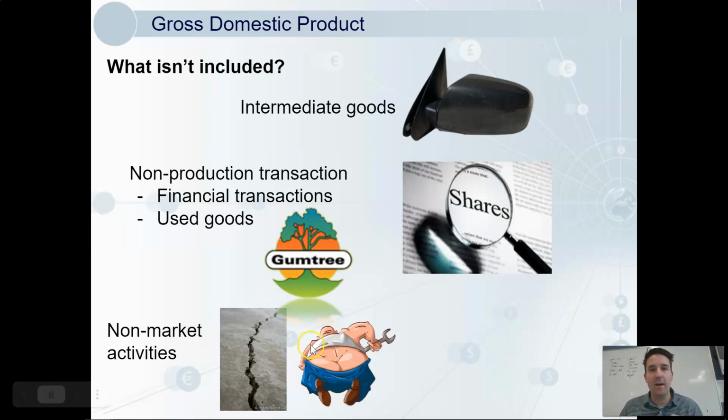Also, a plumber doing a cash job. This is where you pay them in cash and they don't report it to the government, so they don't have to pay tax on what they earn. So again, the government doesn't know about it, so it's not going to be counted in our GDP. As far as the government's concerned, there was no good or service produced.